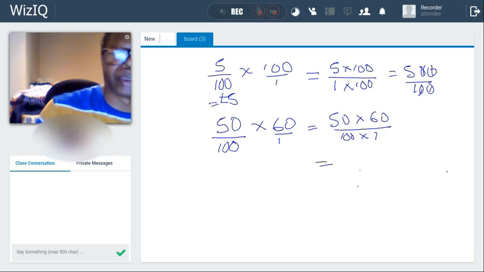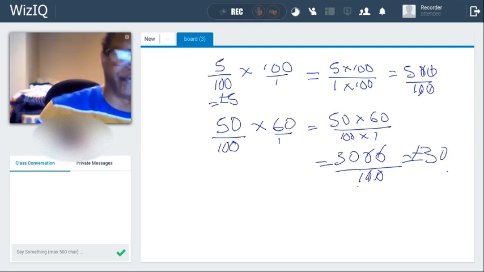If you multiply this, you're going to have 0, 0, then 30, and at the bottom, you're going to have 100. So you can cancel the zeros, and it's going to be 30, which makes sense because 50% is half. So half of 60.